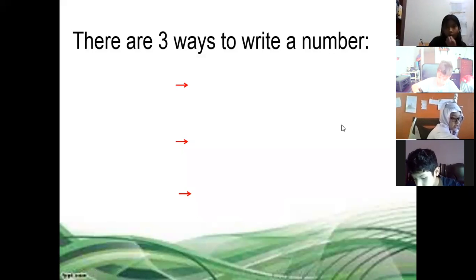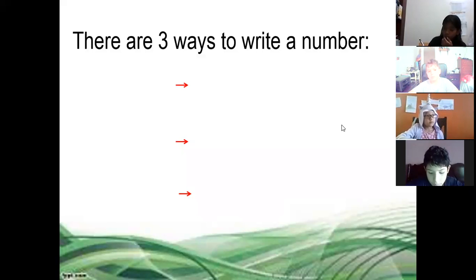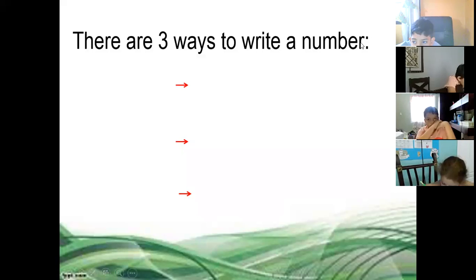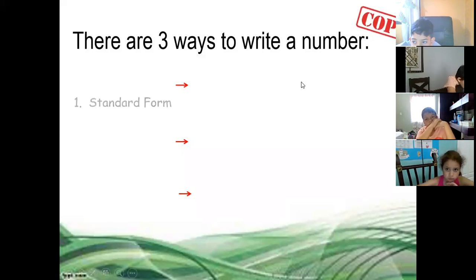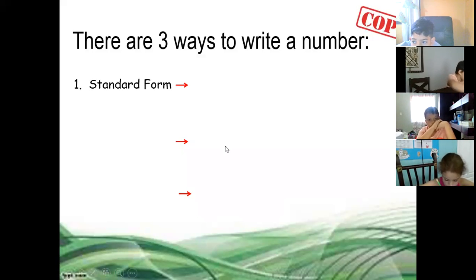Okay, there are 3 ways to write a number. The first way, standard form. Daniel, copy please.